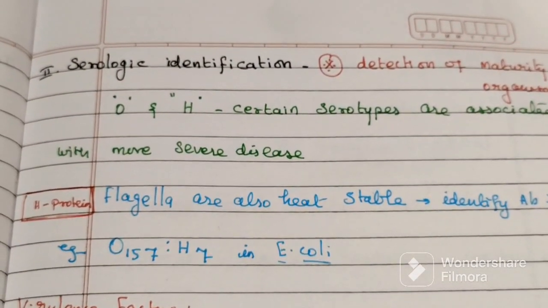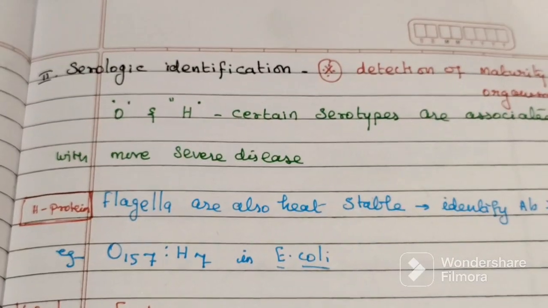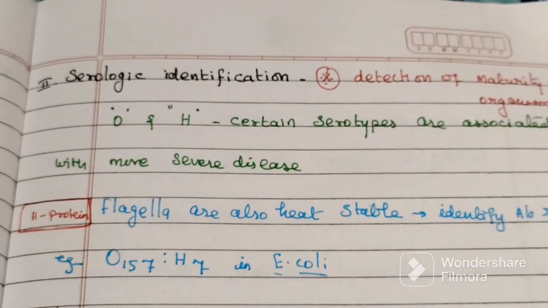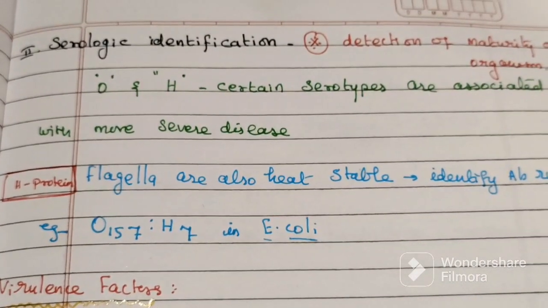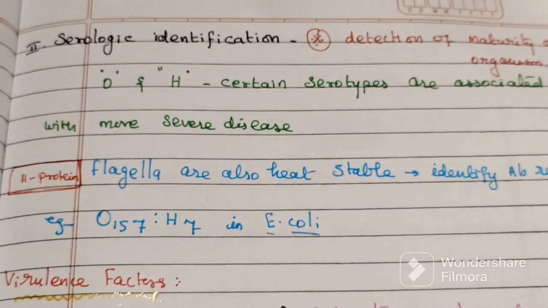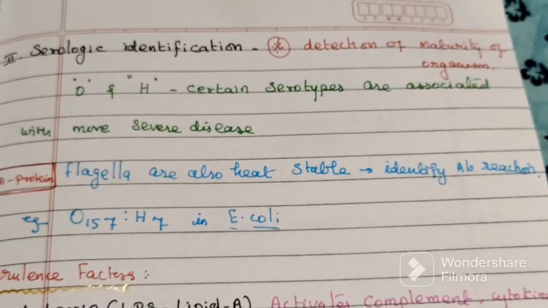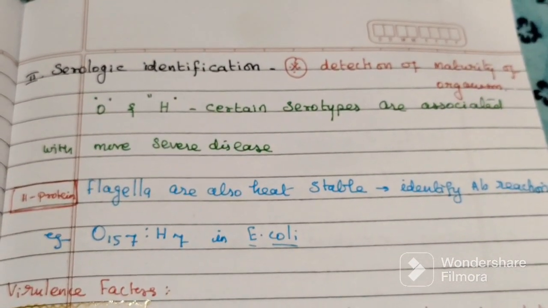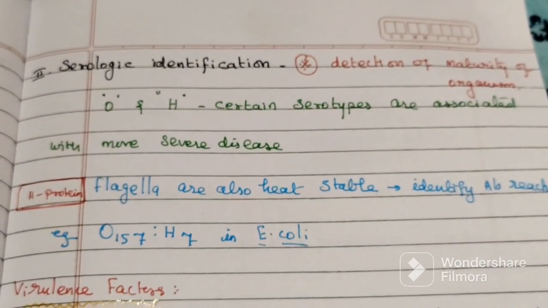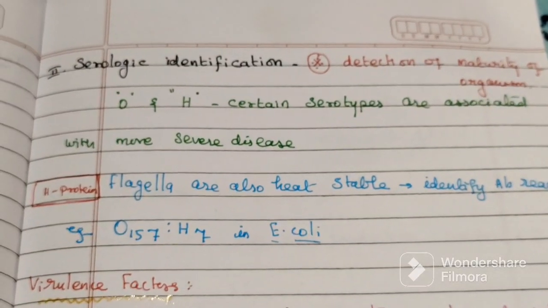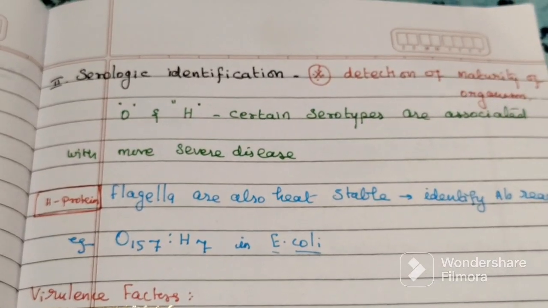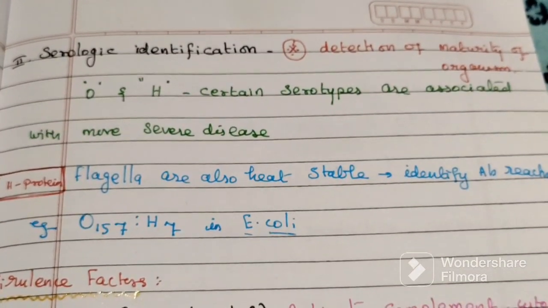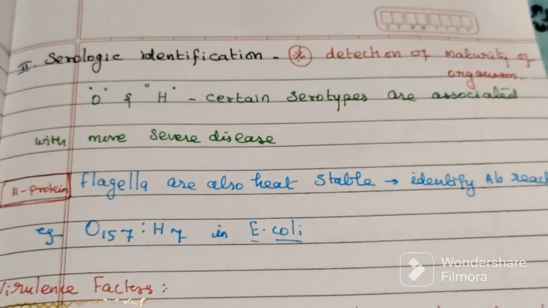There is a lot of cross-reaction from an antibody standpoint. Flagella are mostly heat labile and are easily identified by antibody reaction. Detection of these antigens provides significant clinical value because some pathogenic strains are associated with them, for example O157:H7 in E. coli.